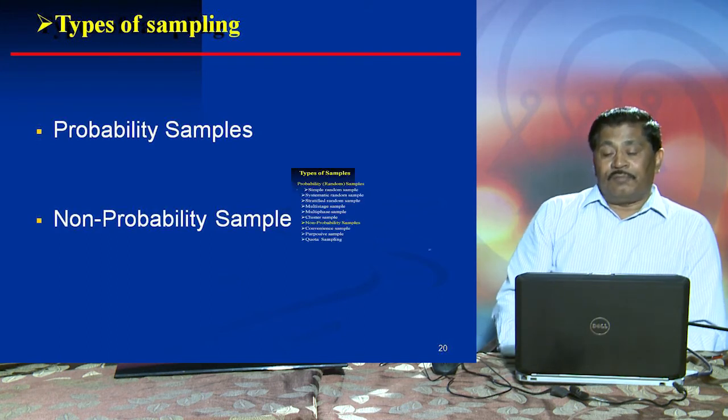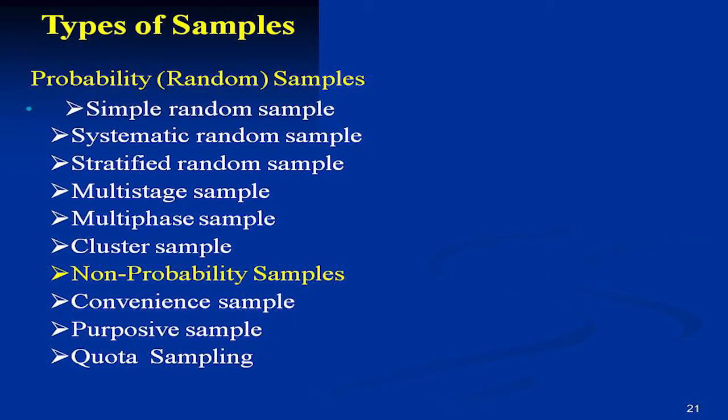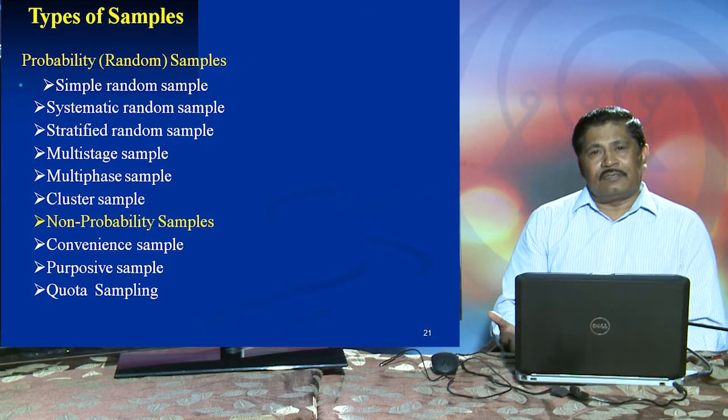First of all, what is meant by a probability sample? When we say this is a probability sample, it means that an equal probability of selection is given to all the sampling units in the population; that we call a random sample or probability sample, right.